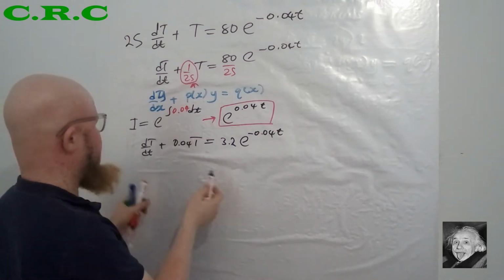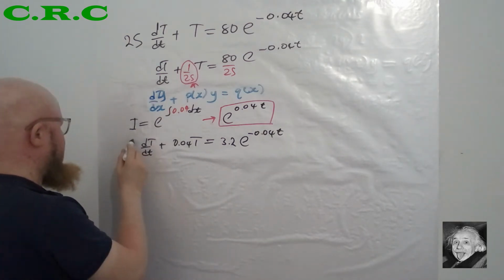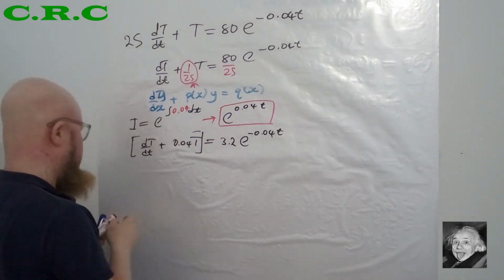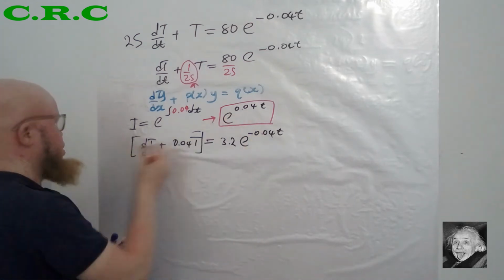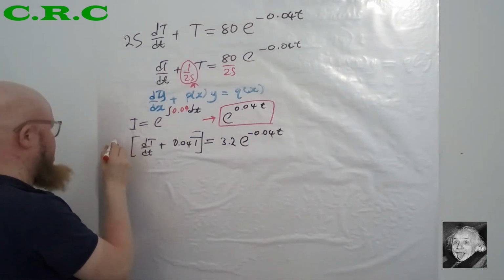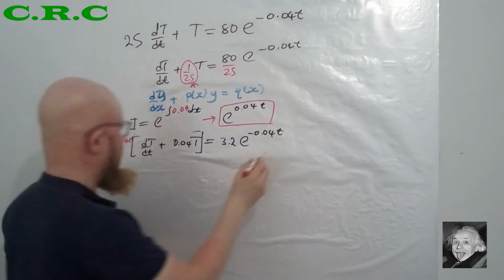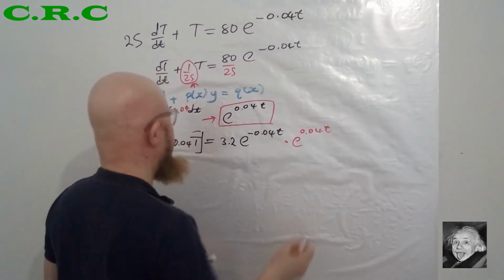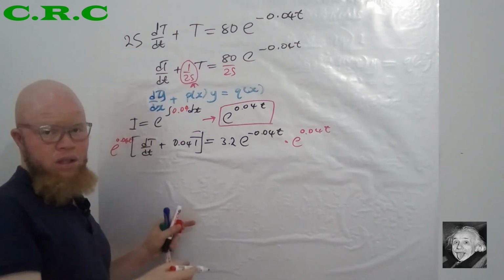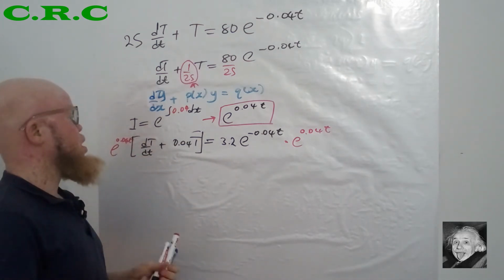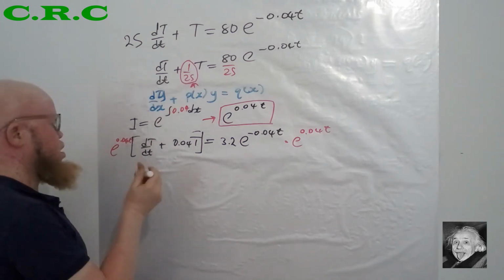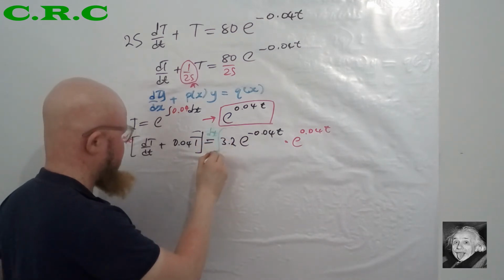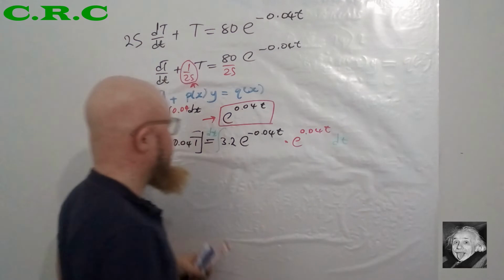Now we shall multiply our integrating factor throughout the equation. To the left hand side, it will be e to the 0.04 t, and you will multiply the right hand side also by e to the 0.04 t. Now the next step is you integrate both sides, dt.